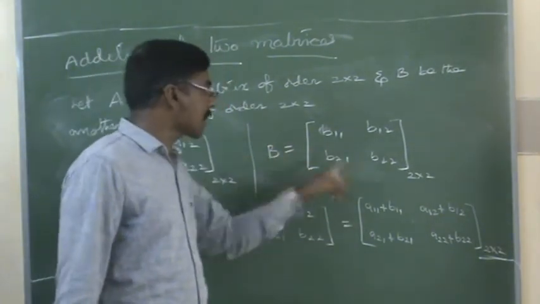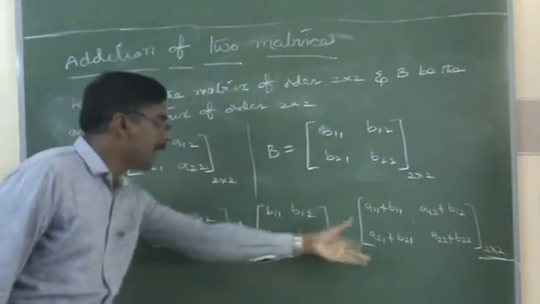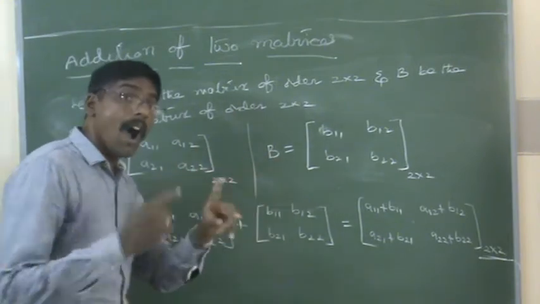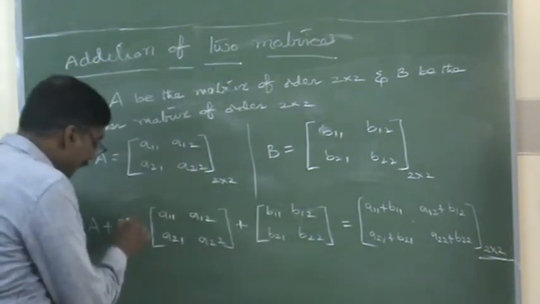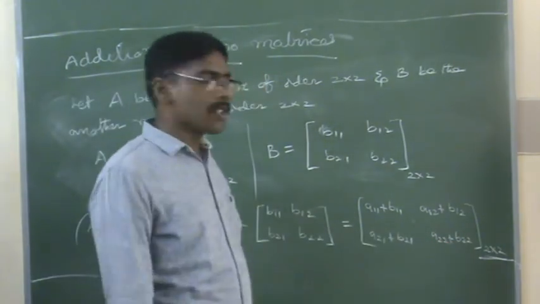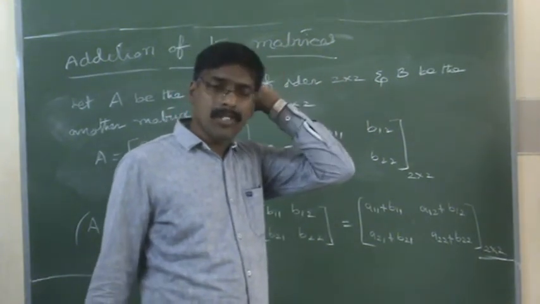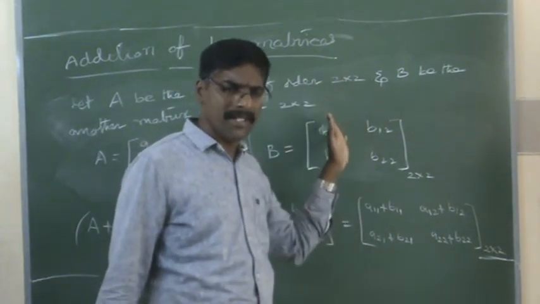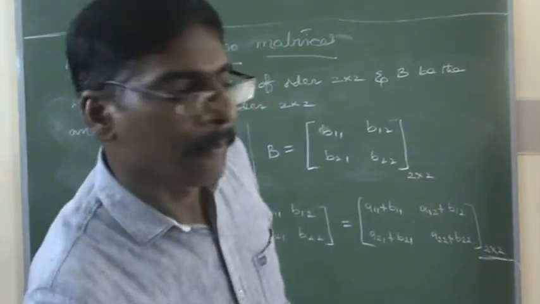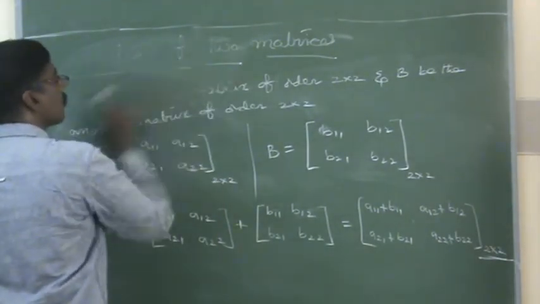Then once their orders are the same, immediately add with their corresponding elements. Then matrix A order, matrix B order, and after addition the resultant A plus B order are also the same. So this is the addition of the two matrices topic. We have to take plenty of examples regarding the addition of the two matrices concept. First we will see some examples of addition of the two matrices.